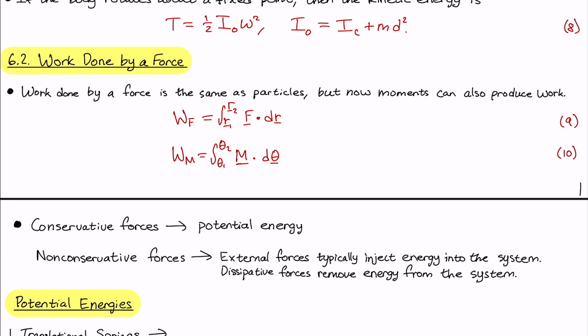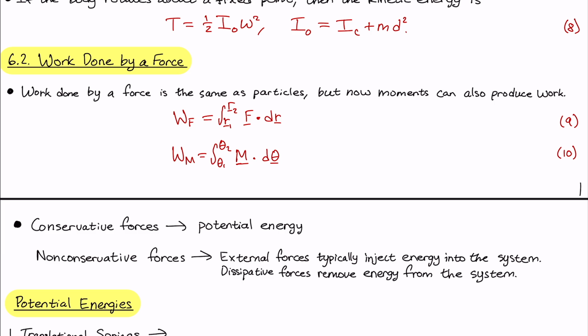All right, so just like with particles, conservative forces are going to give rise to potential energy, meaning that they're going to be elements that store energy and then release that energy. Non-conservative forces are just going to generate work. External forces will typically inject energy into the system, meaning it's going to increase the energy over time.